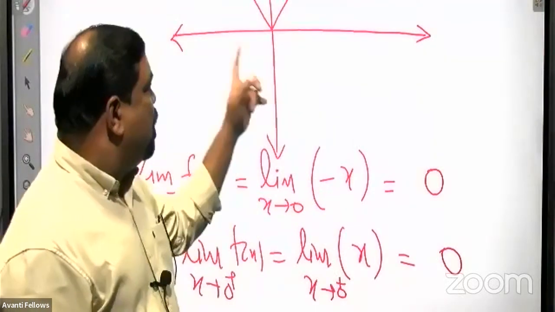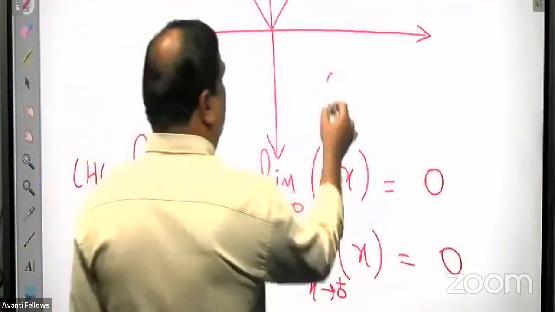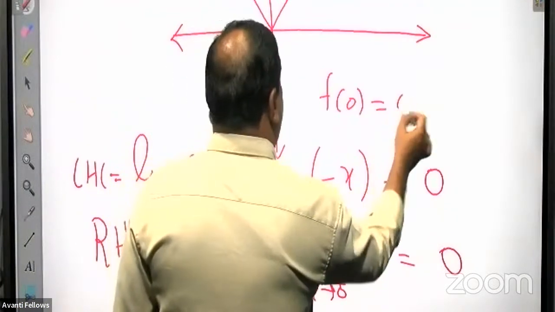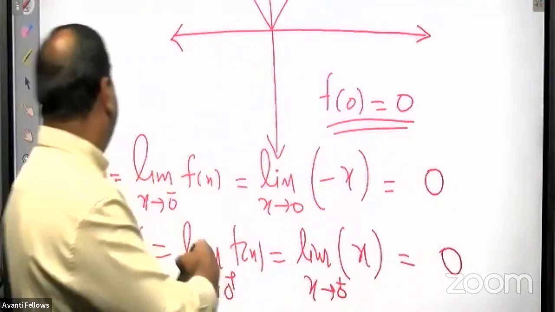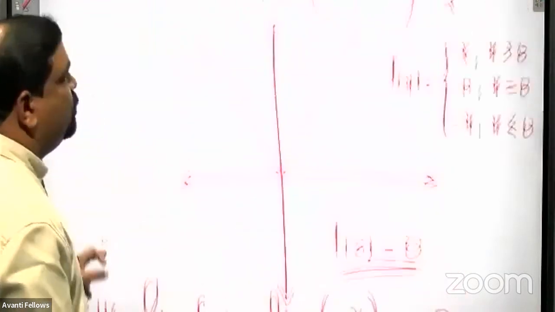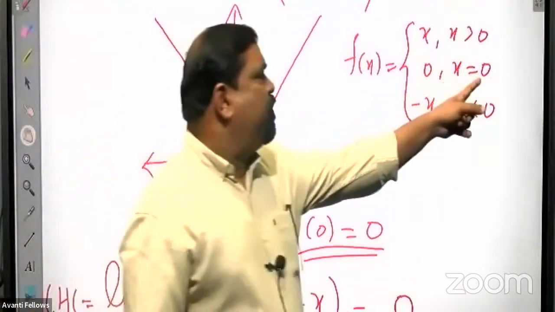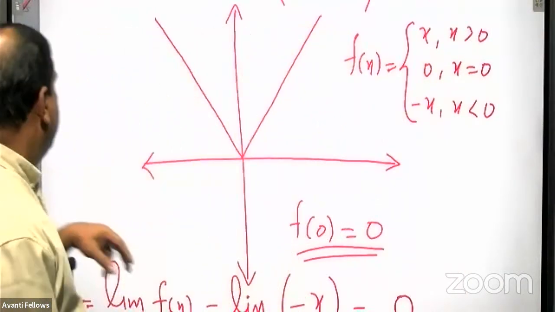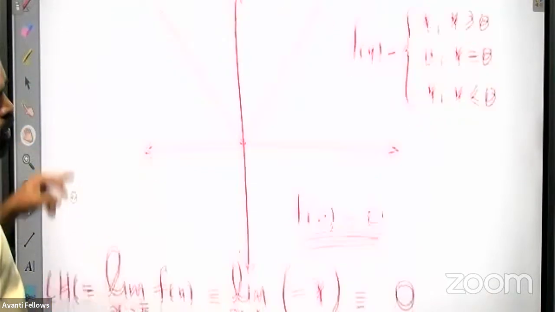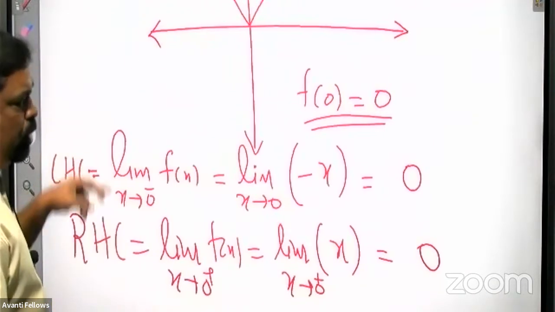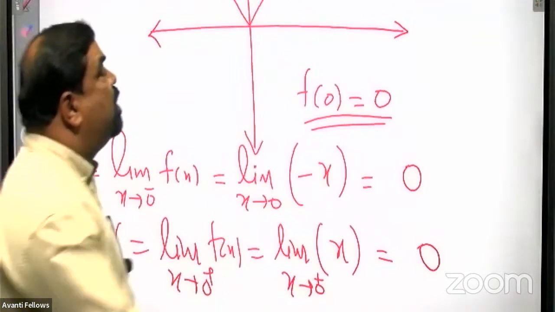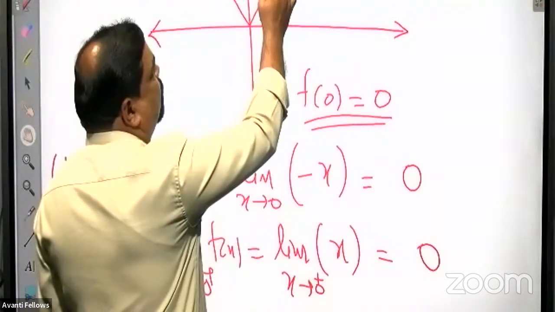So LHL equals RHL, and the value of the function at the point 0 is also 0. From the definition you can see, at x equal to 0, the function value is 0. LHL is 0, RHL is 0, the function value is also 0 at the point 0. That means the function is continuous at the point 0.